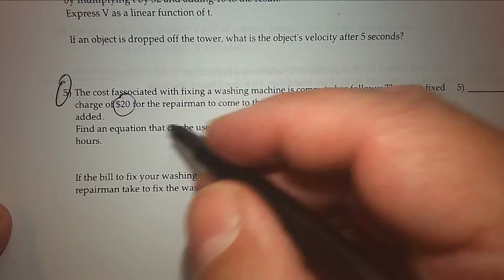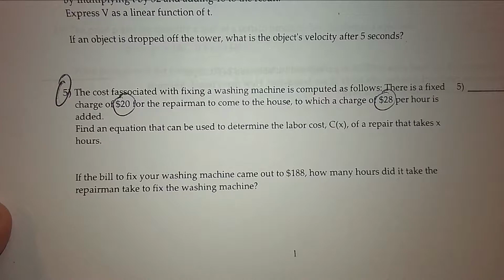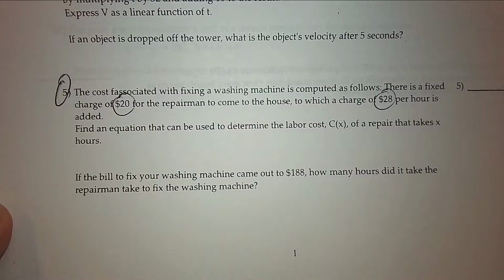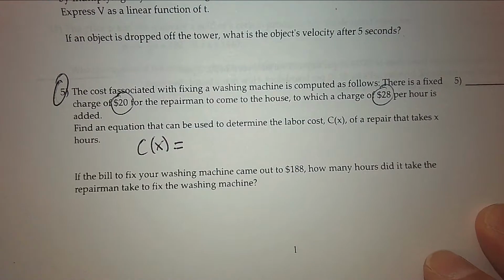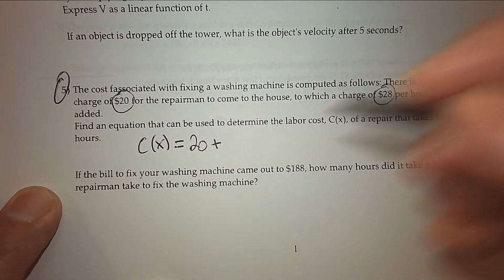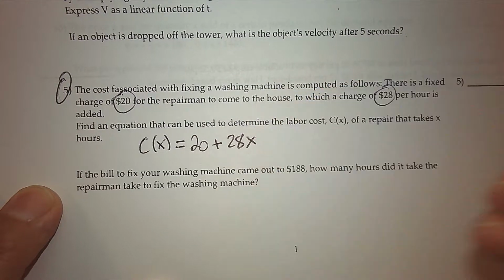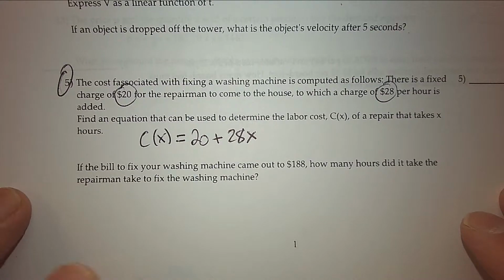Find an equation that can be used to determine the total cost, C of X, of a repair that takes X hours. So we have C of X being the cost, and we know the cost is $20 plus $28 per hour, where X represents the number of hours.